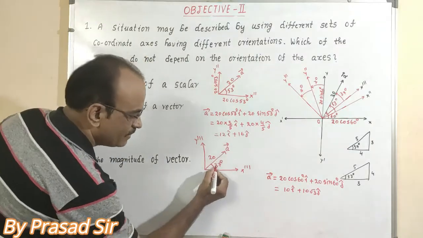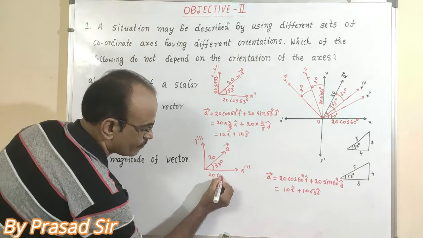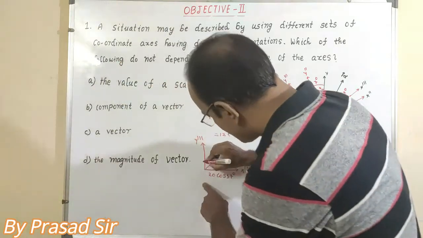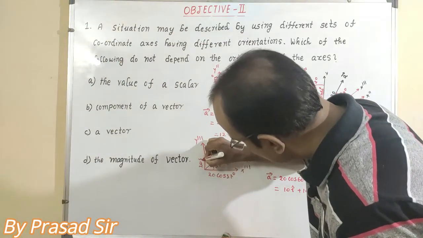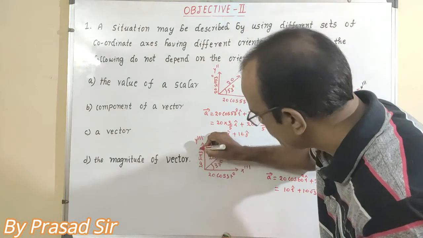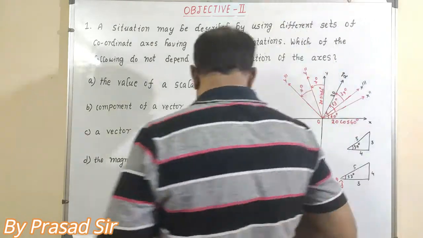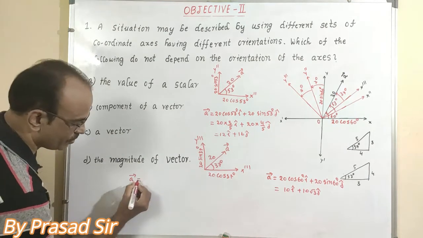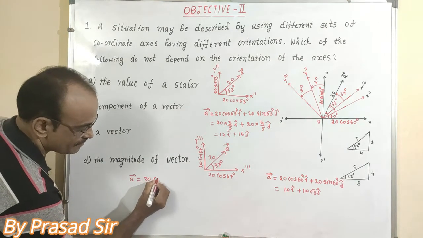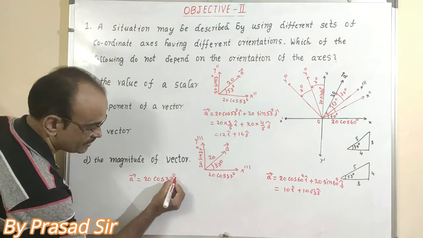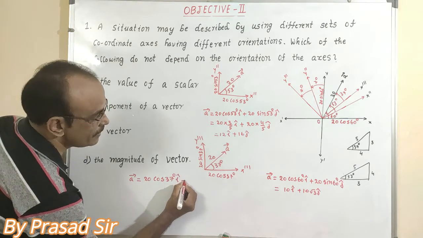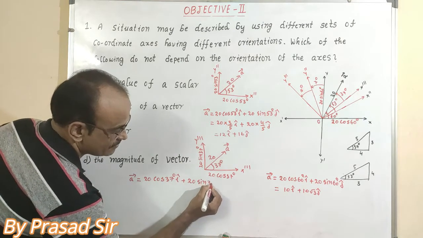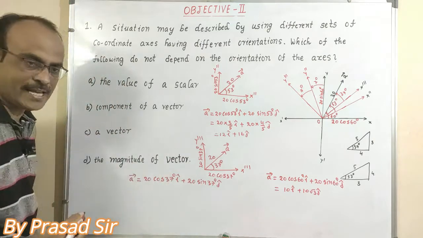That is, here 20 cos 37 degrees, here 20 sine 37 degrees. Now I want to write the vector here. That is, A vector is equal to 20 cos 37 degrees i cap plus 20 sine 37 degrees j cap.